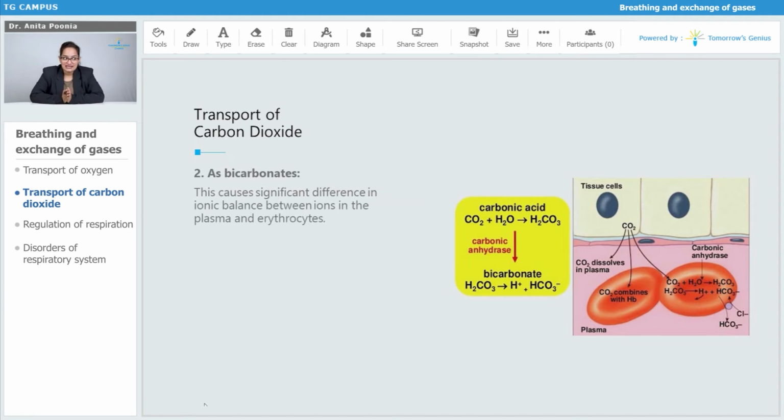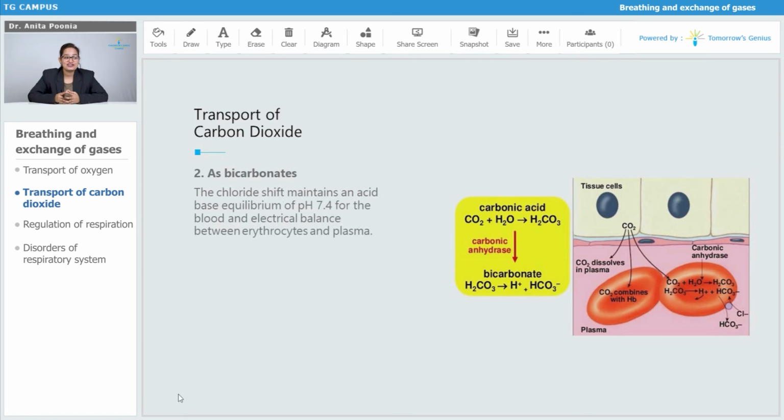Now this causes a significant difference in the ionic balance between the ions in the plasma and the erythrocytes. To restore the ionic balance, the chloride ion diffuses from the plasma into the erythrocytes, and this movement of chloride ion is called the chloride shift, or also Hamburger's phenomenon, that was reported by Hamburger in 1980.